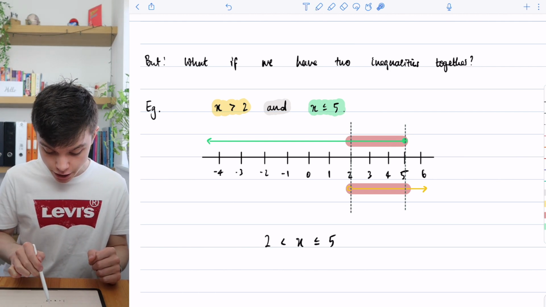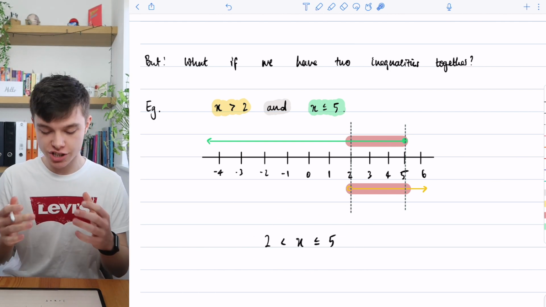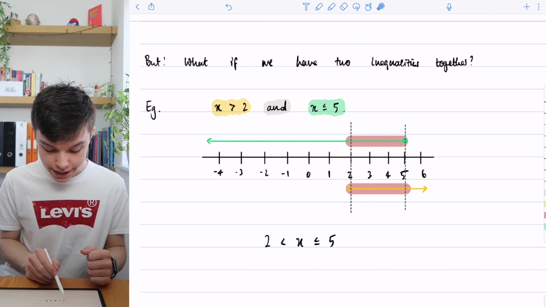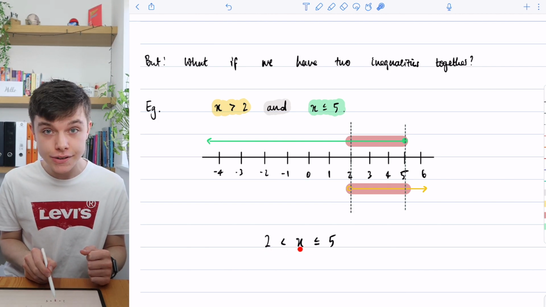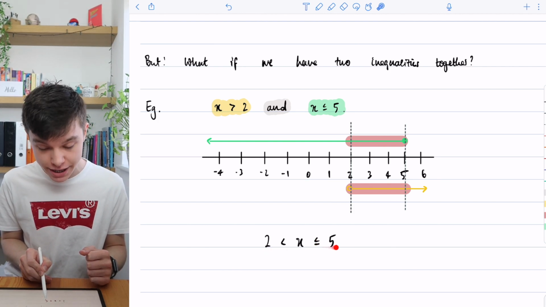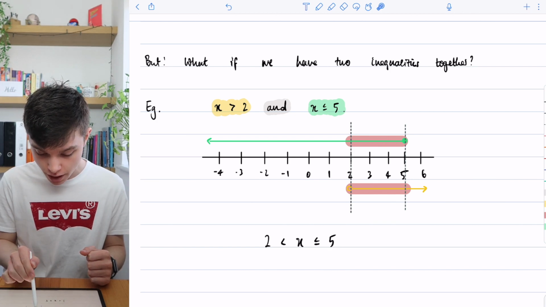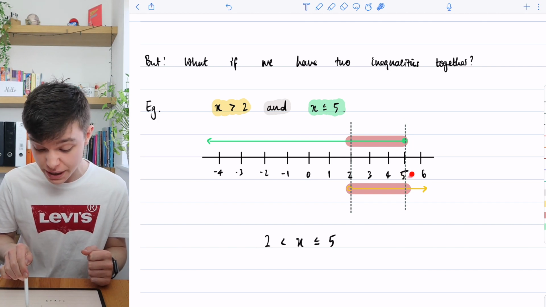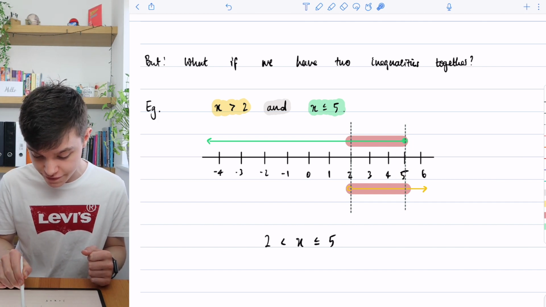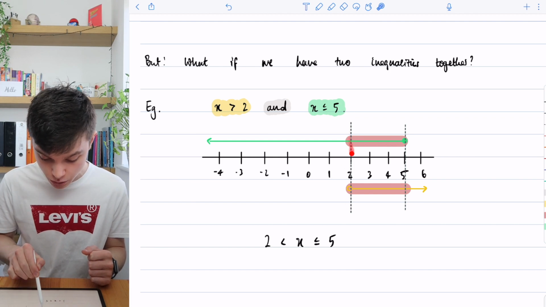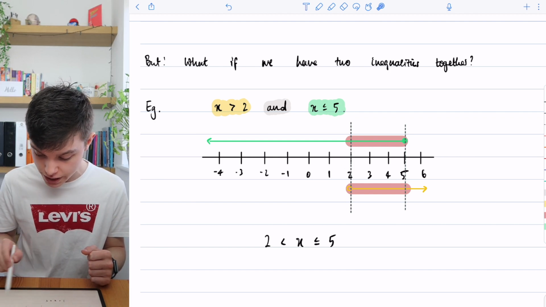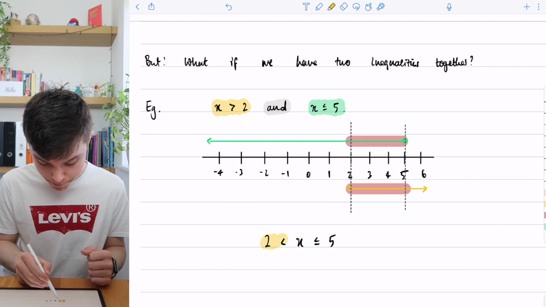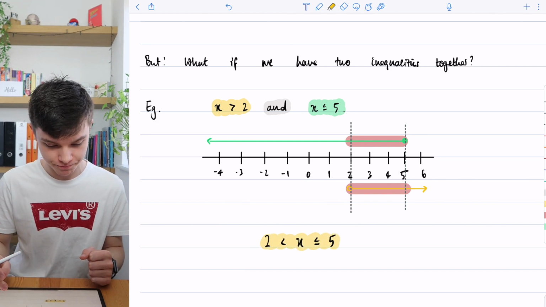What that is saying, and you've probably seen this kind of merged inequality, is it's saying 2 is less than x, and x is less than or equal to 5. And that's exactly true, because we can see x here, we can be equal to 5, but we can't be equal to 2, and we need to be in between, so that is our merged inequality.